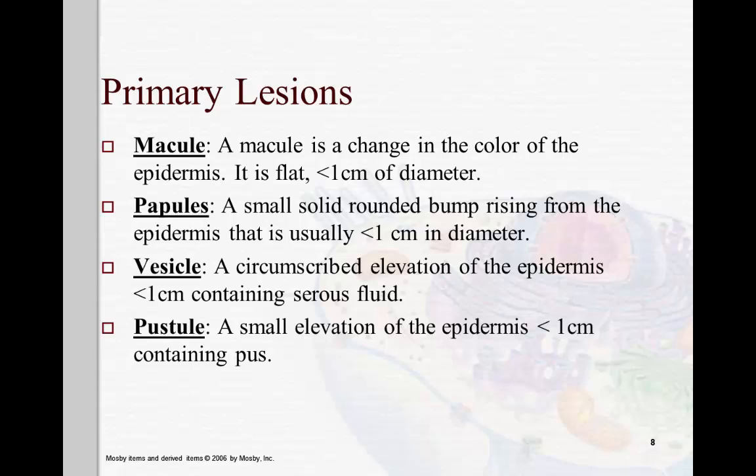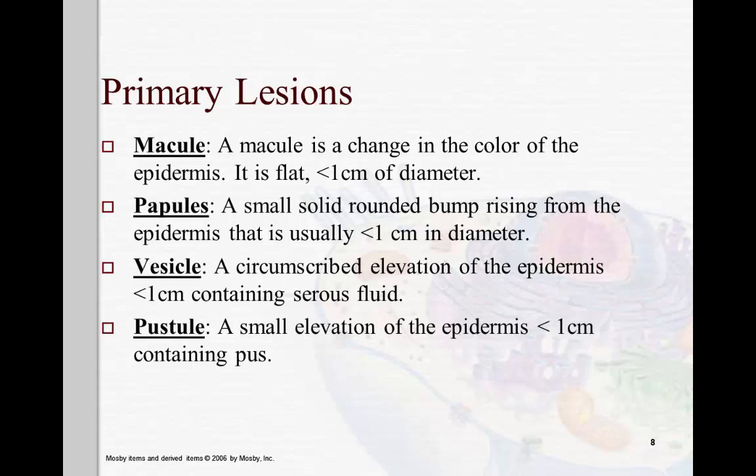A vesicle is also less than 1 centimeter in diameter. It is also an elevation from the epidermis, the same as the papule. The difference is that the papule is solid and the vesicle is full of fluid. It's like a small blister, but it's not a blister because a vesicle is less than 1 centimeter and a blister is more than 1 centimeter.